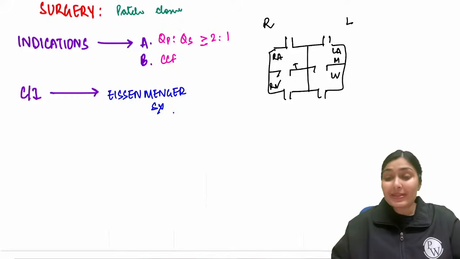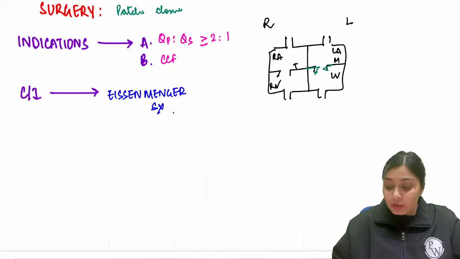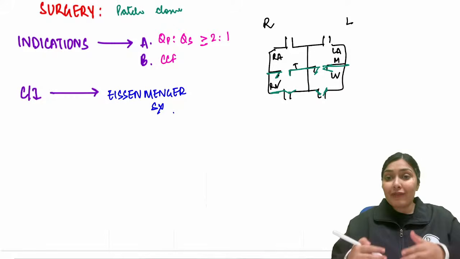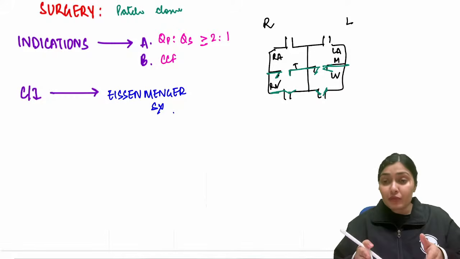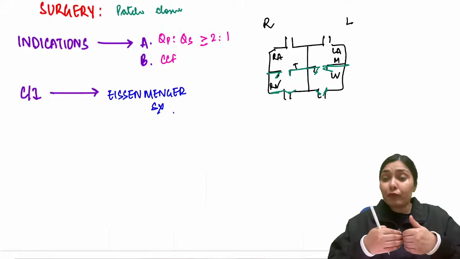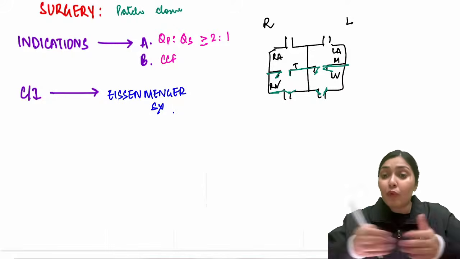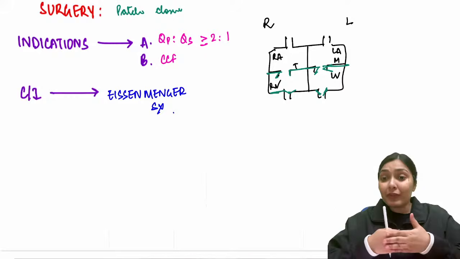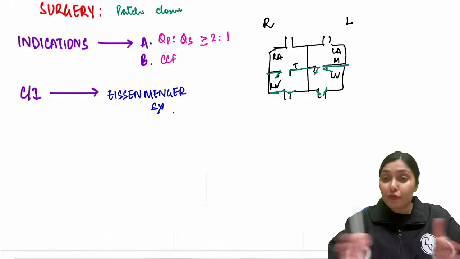What happens during systole? During systole, these are going to close and these are going to open. And what happens during diastole? This will open and this will close. So whenever you are talking about flow murmurs, flow murmur will be appreciated at the time of opening. At the time of opening, if the flow is high, I will hear a whoosh sound.